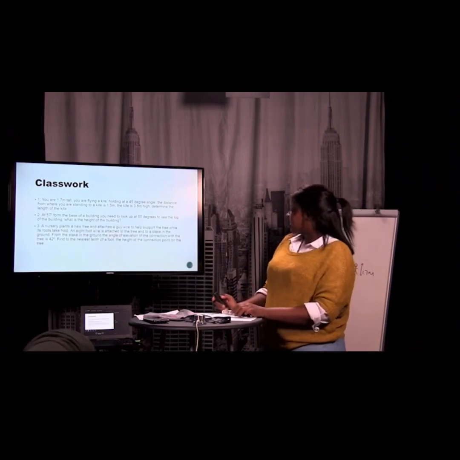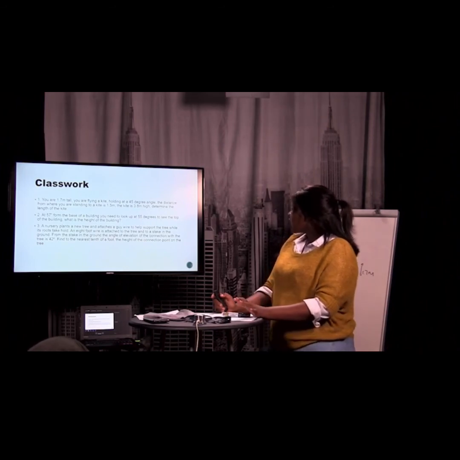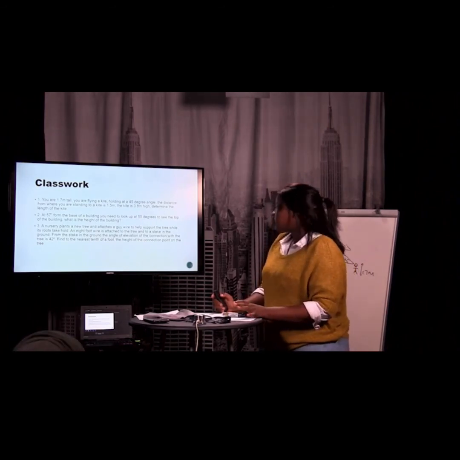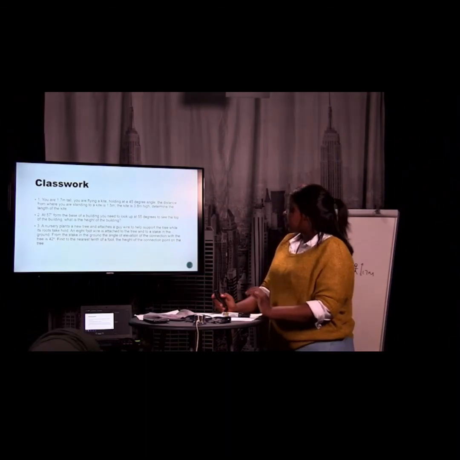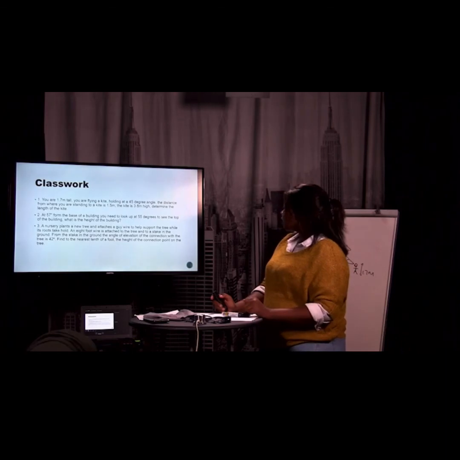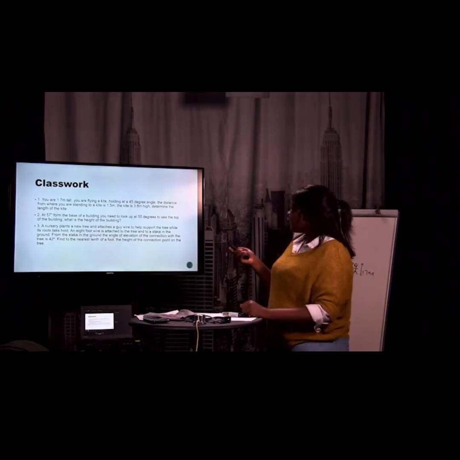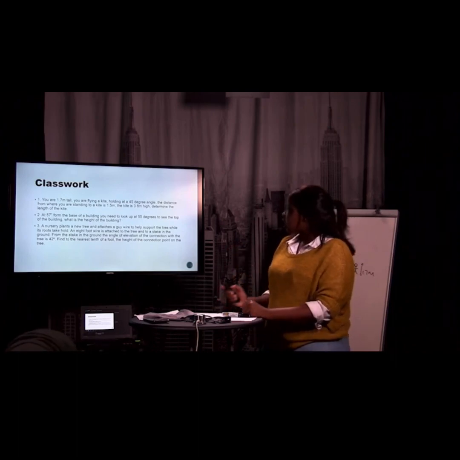And then the third one says, a nursery plants a new tree and attaches a guy wire to help support the tree while its roots take hold. An 8-foot wire is attached to the tree and to a stake in the ground. From the stake in the ground, the angle of elevation of the connection with the tree is 42 degrees.